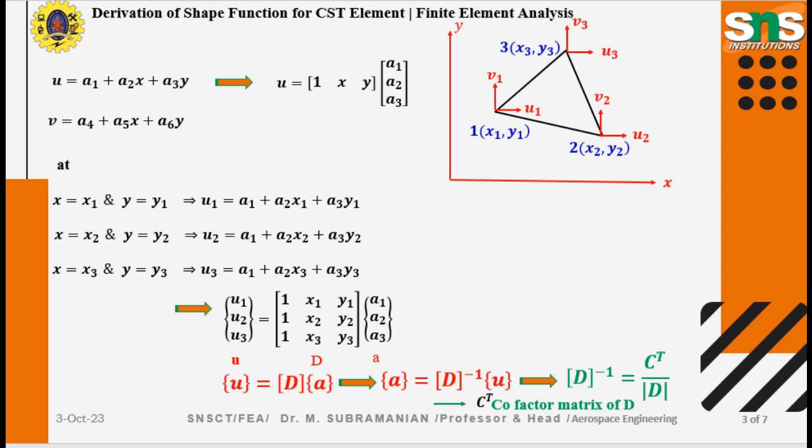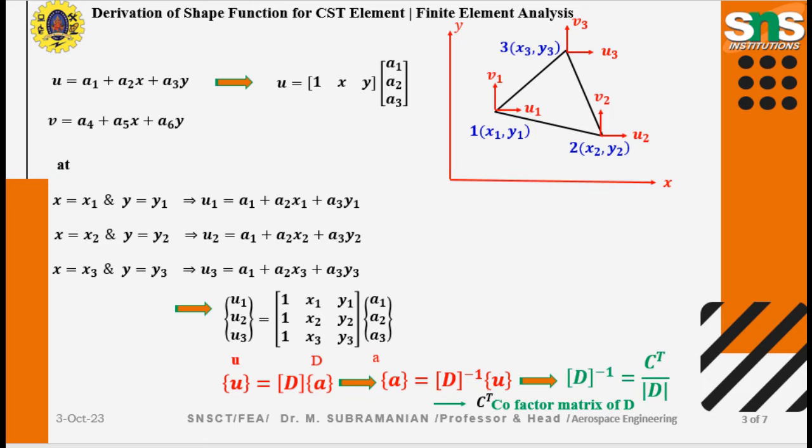So first we consider a trial solution, that is u is equal to a1 plus a2x plus a3y. Since it is two dimensional, I have considered y, and if only one dimensional degree of freedom is there, then we consider only that u.